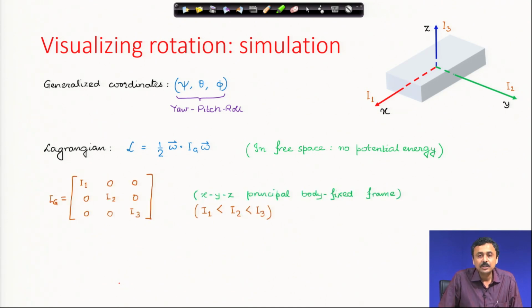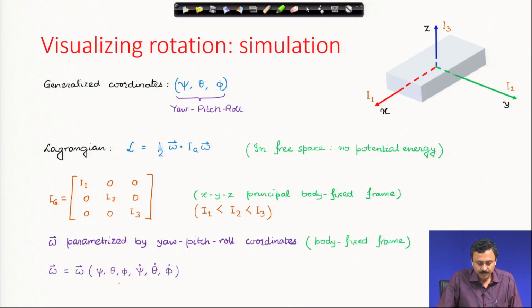And of course, this moment of inertia tensor is completely diagonal, because this xyz frame is the principal body-fixed frame. With this ordering, the angular velocity is parameterized by these yaw, pitch, roll coordinates in the body-fixed frame xyz.